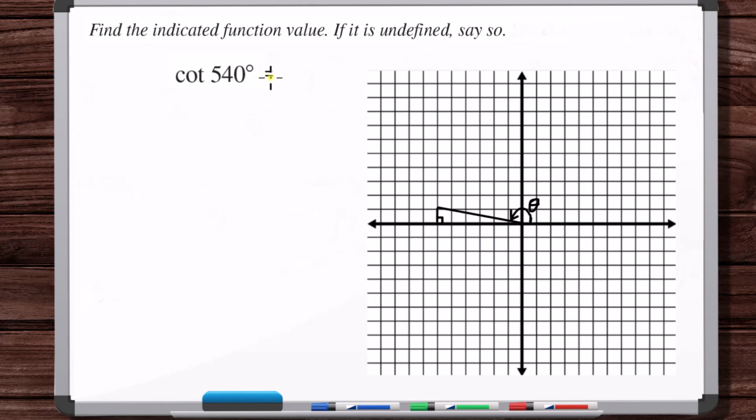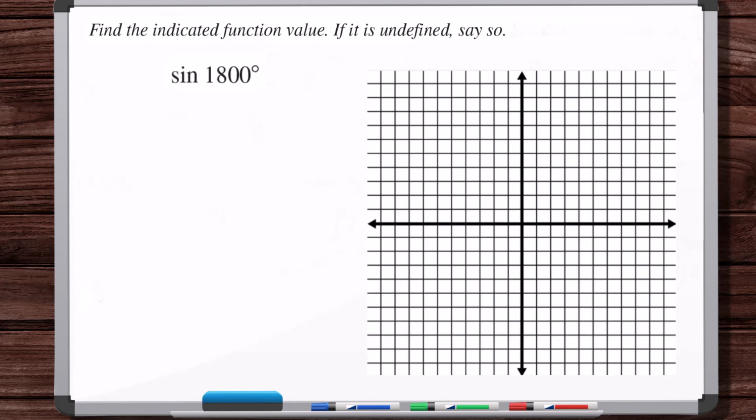When it gets to 540, the adjacent is going to be minus r, and the opposite is going to be 0. So this is going to be undefined, or sometimes they'll put negative infinity.